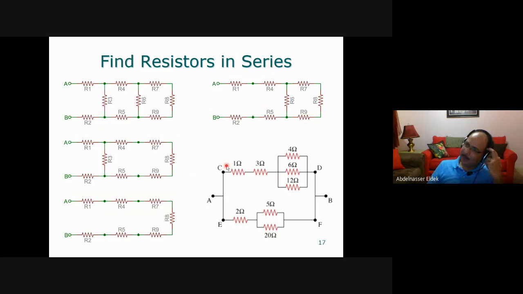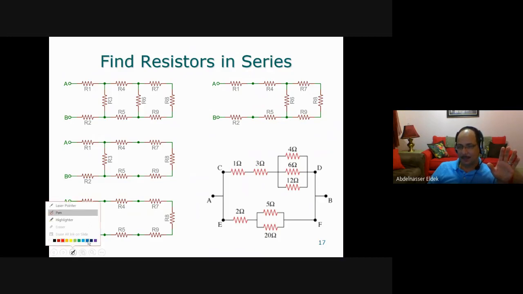So if you look at these examples here, we need to find the resistors that are connected in series. Here, for example, you will not find any resistors in series except these resistors: 1, 2, 3.